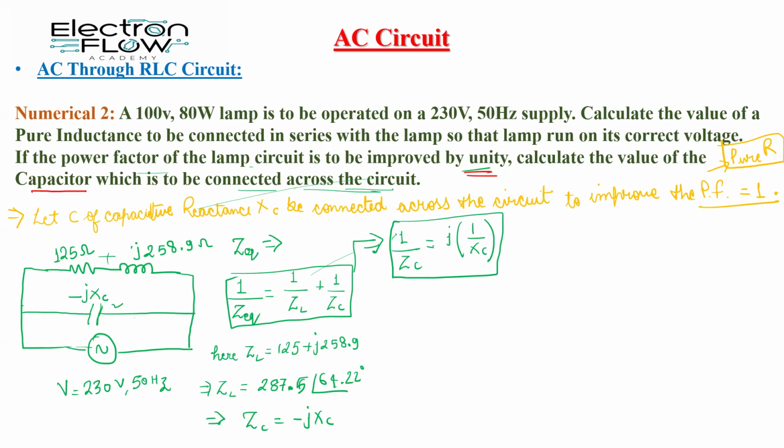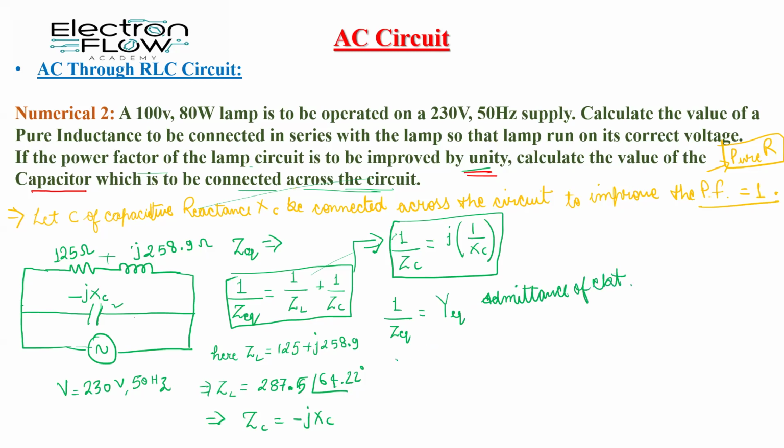Here 1 upon Z equivalent is nothing but the equivalent admittance of the circuit.